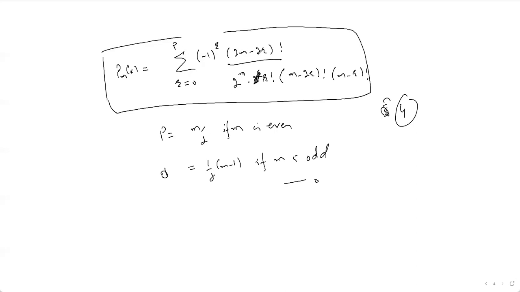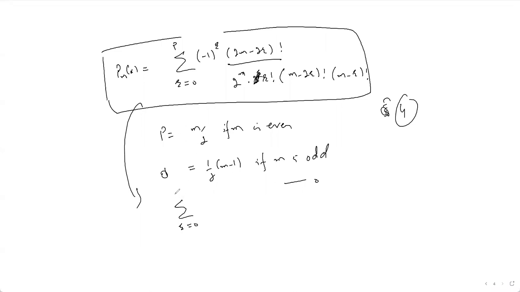So we can put the values into this equation. Instead of writing all the different terms, let us try to do it for one case. Let us suppose m is equal to 2. So this Legendre polynomial will now become the summation, r running from 0 to p, where p is equal to m by 2.